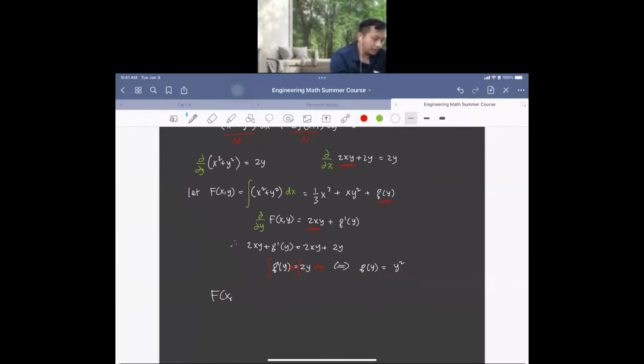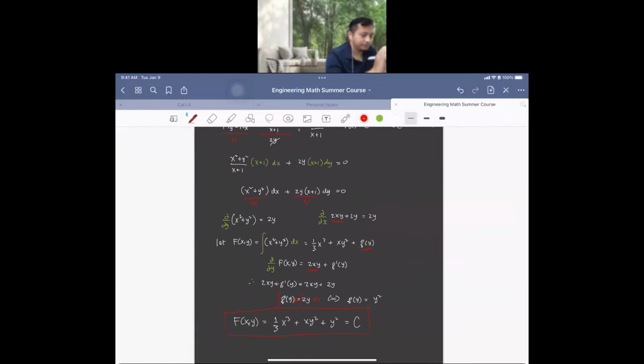And the total equation that we have is 1 over 3 x cubed plus xy squared plus y squared is equal to a constant. So this is the implicit solution.